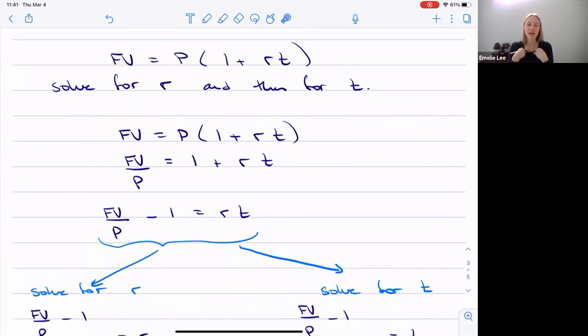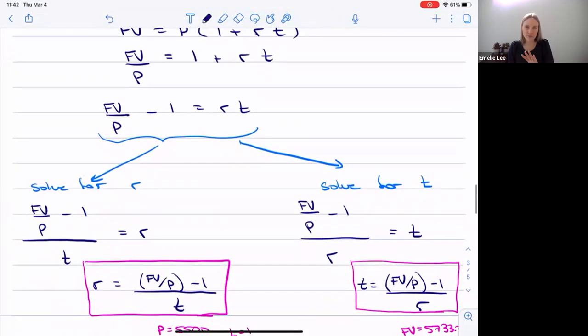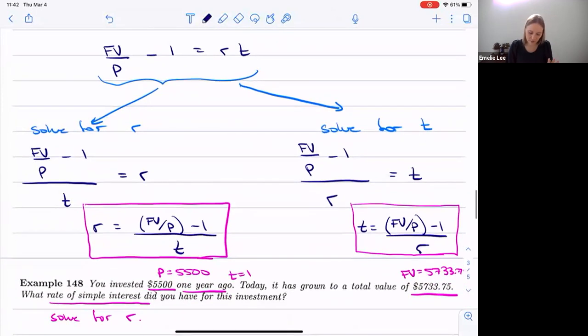For me, I like to have as few formulas as possible and then I just derive the ones that I need. And so this is the only formula that I need, and then I can massage it to be what I want to solve for, right? In this case, I want to solve for R. So whichever way you want to do it, right? If you want to go straight and use this R as soon as you identify that I need to solve for R, you can go straight to here if you want to. But I'm going to just start from the original function.